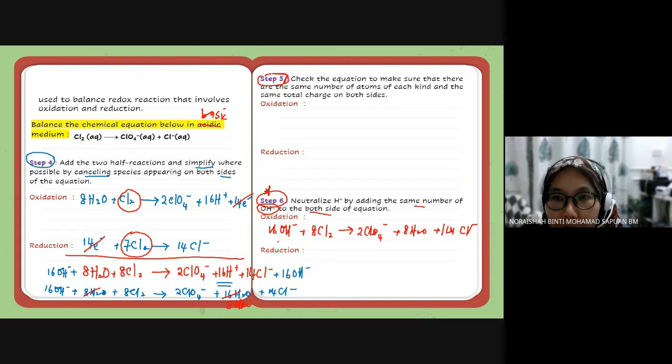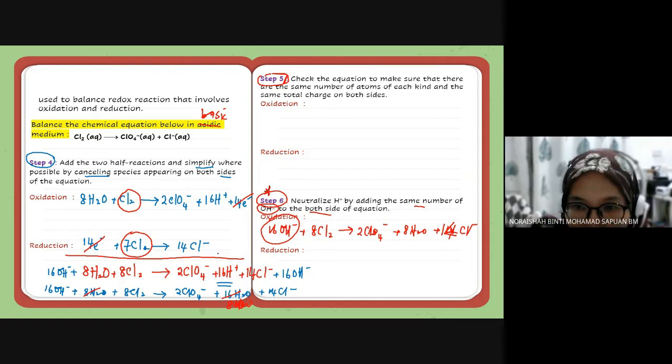So 16 OH minus tambah 8 Cl2, 2 ClO4 minus, 8 water tambah 14 Cl minus. Ini klorin ion, klorat ion. Okay. So ini dalam keadaan basic sebab ada kehadiran OH minus. Okay. Selesai untuk discussion soalan basic medium.